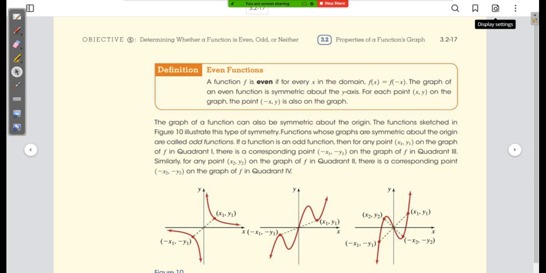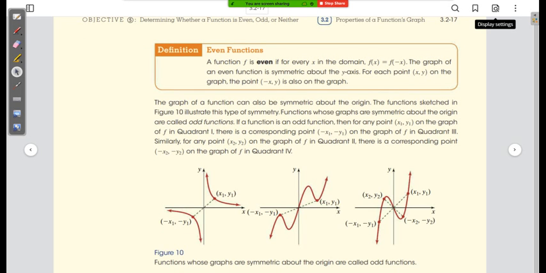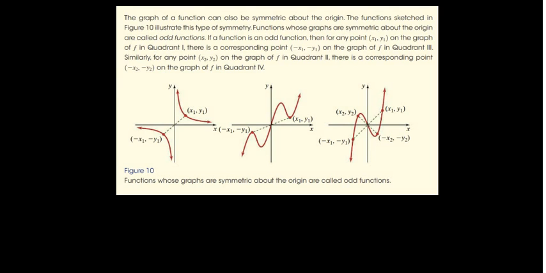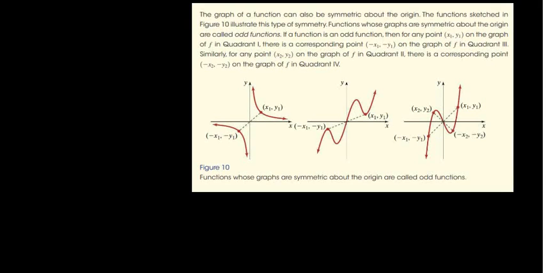Okay. Next up we have odd functions. If we have even, then we also have odd, right? Even functions are symmetric about the y-axis. Odd functions are not symmetric about the x-axis, because let's imagine for a moment a function that is symmetric about the x-axis.